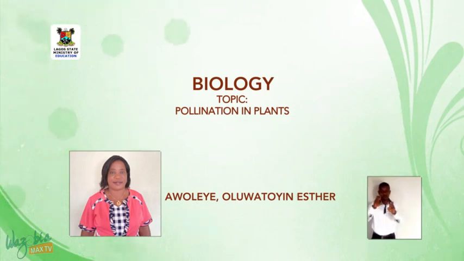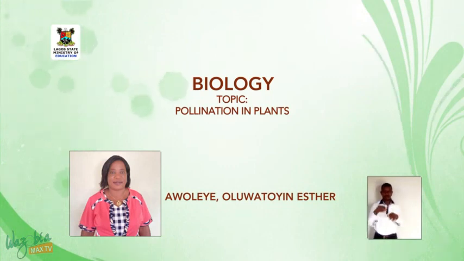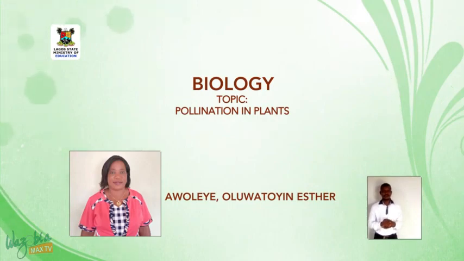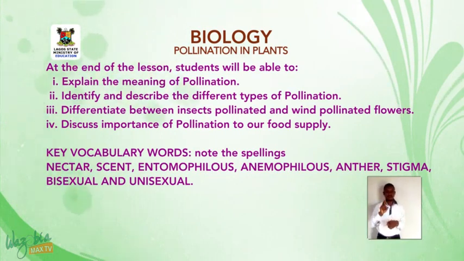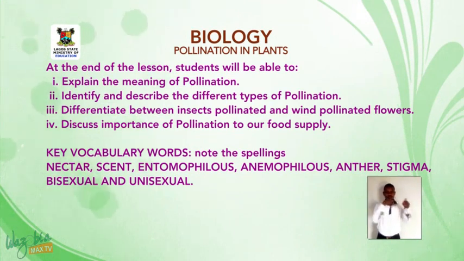The lesson title I'll be discussing with you today is Pollination in Plants. At the end of this lesson, students will be able to: 1. Explain the meaning of pollination. 2.